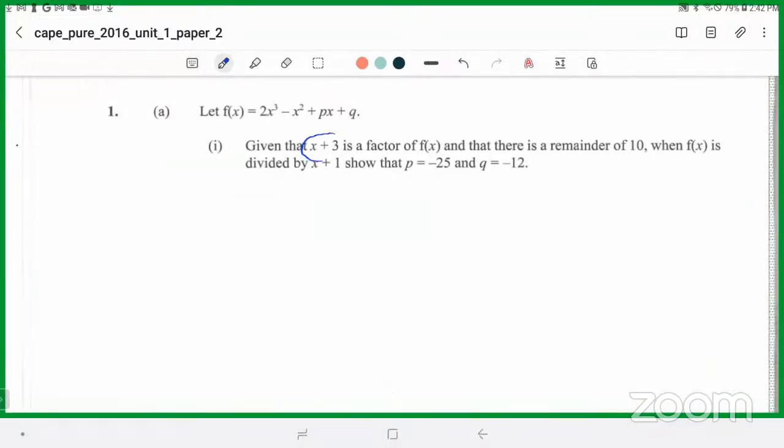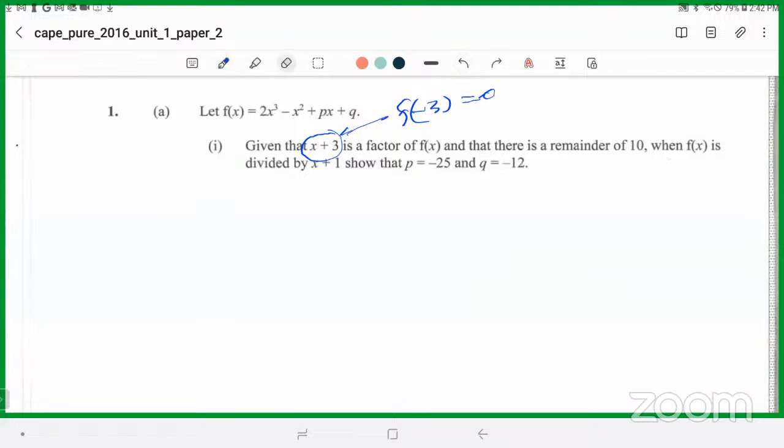They tell us that this is a factor, so this means that f of -3 equals 0. And then there's a remainder of 10 when f of x is divided by x plus 1.